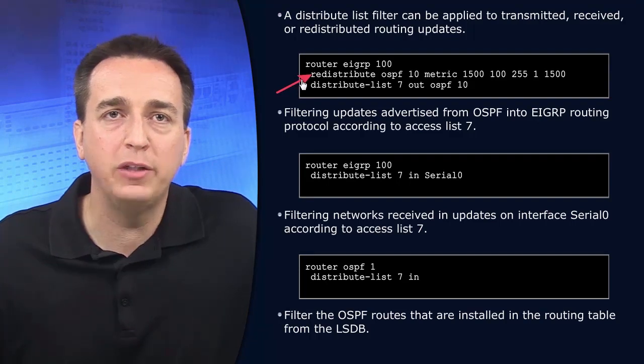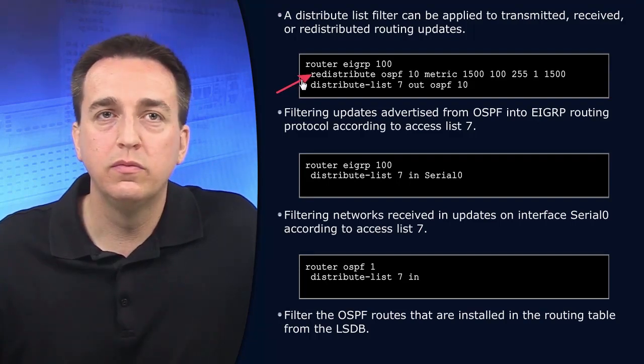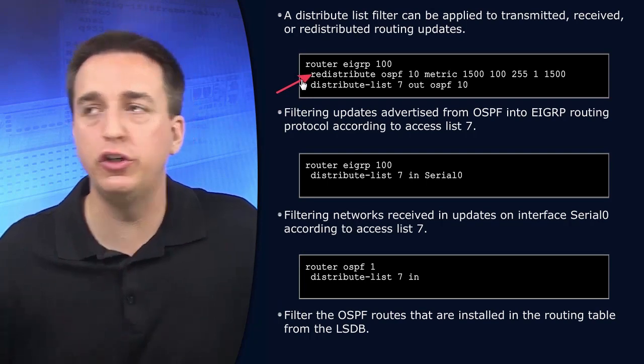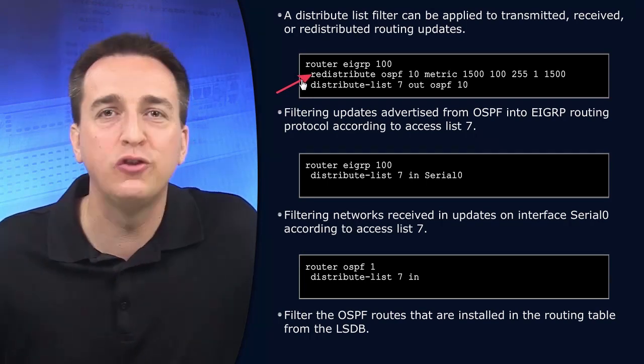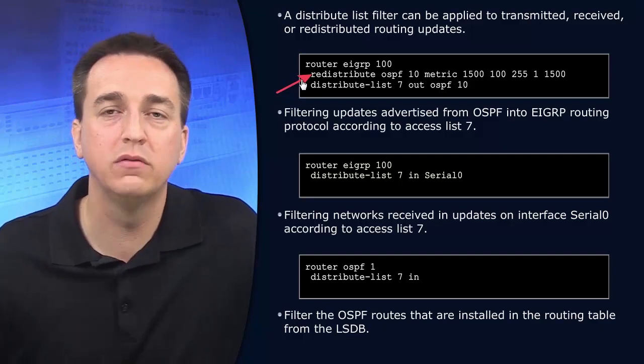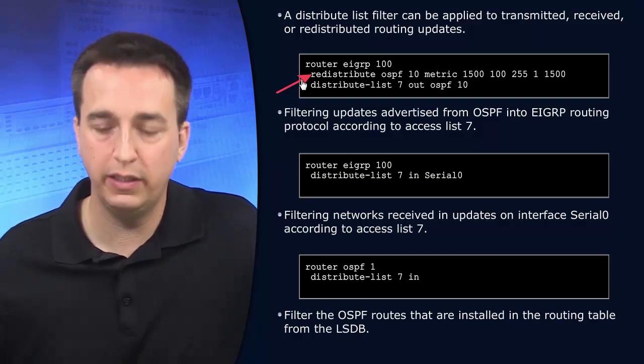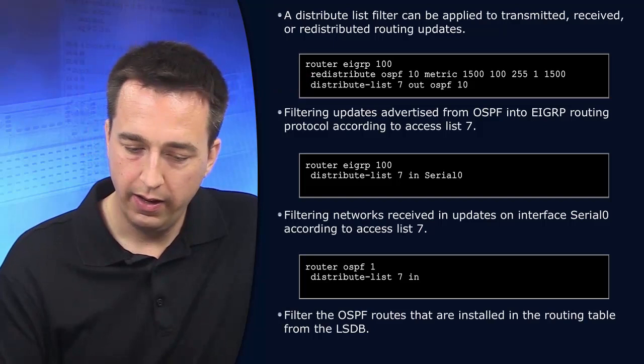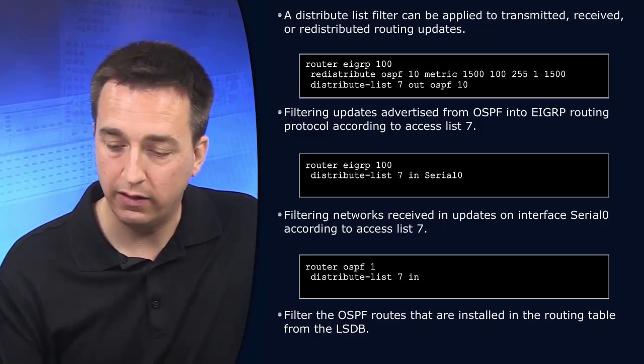And then we have distribute list 7, which would be referring to an access control list that is identifying those routes that will be redistributed in this case. And we're saying out OSPF 10.